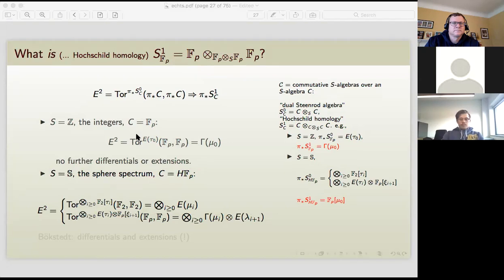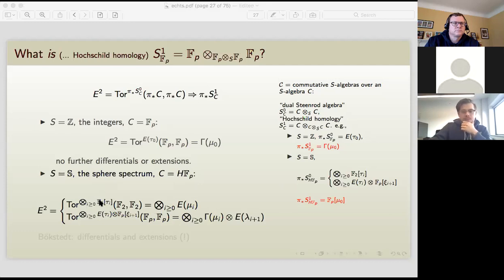Okay, when S is the sphere spectrum, things get slightly more involved, but at the outset, it's more or less the same thing. Now the dual Steenrod algebra is no longer just an exterior algebra, but in the even case, p equal to 2, I have polynomial generators.